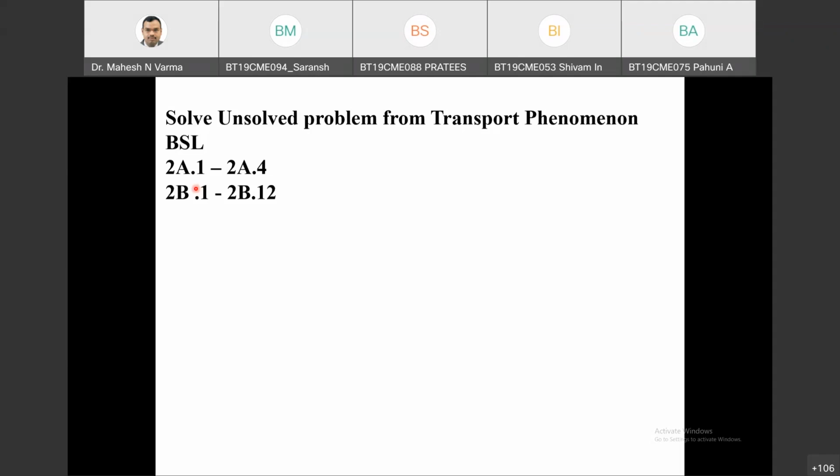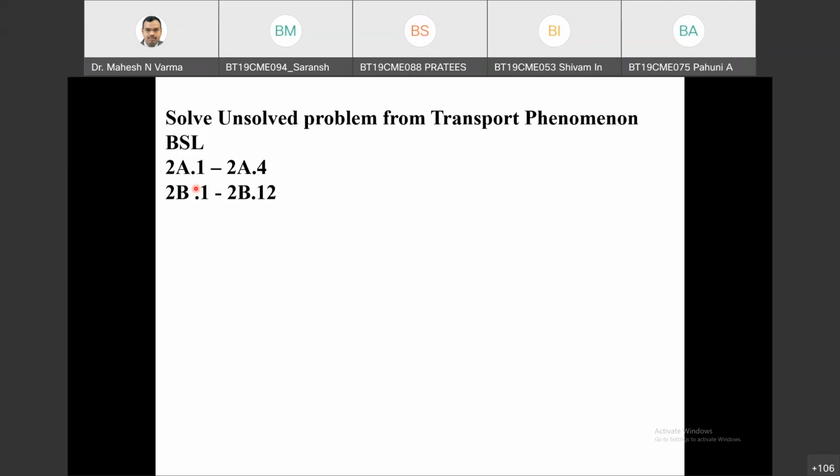If you want to improve your understanding of transport phenomena, these problems are very important. You can solve all the unsolved problems in chapter number 2. Based on the fundamentals we have discussed related to the shell balance approach, you can solve problems to get the velocity profile for laminar flow at least.